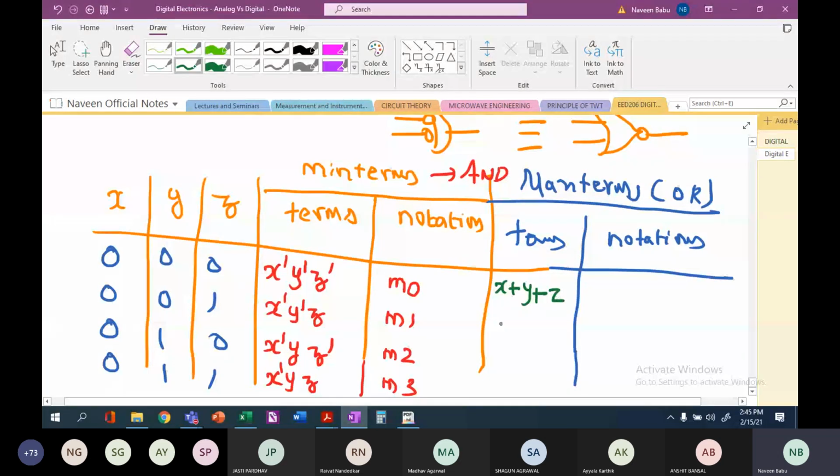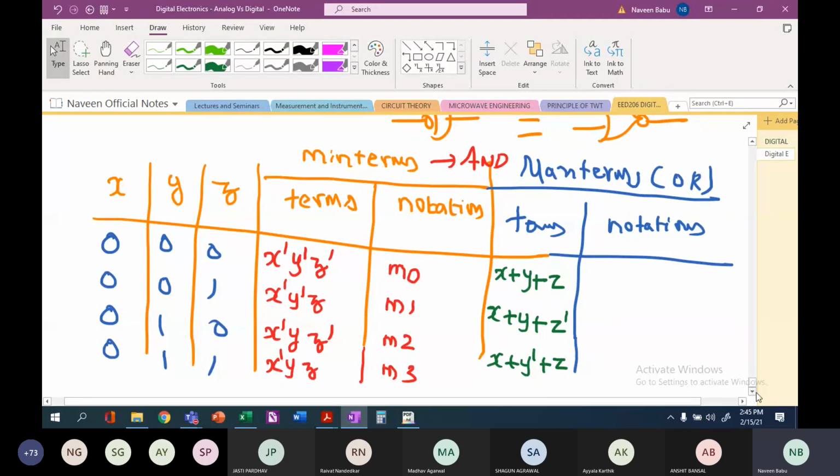Similarly, 0, 0, 1 will be represented as x plus y plus z bar. Please look at the difference. 0, 1, 0 will be written as x plus y bar plus z, and 0, 1, 1 will be written as x plus y bar plus z bar.